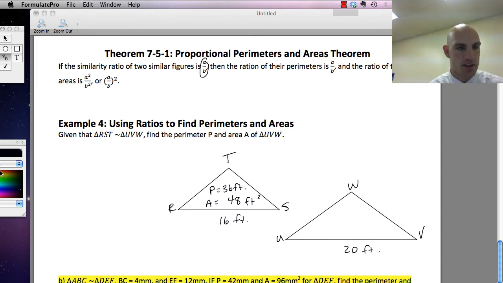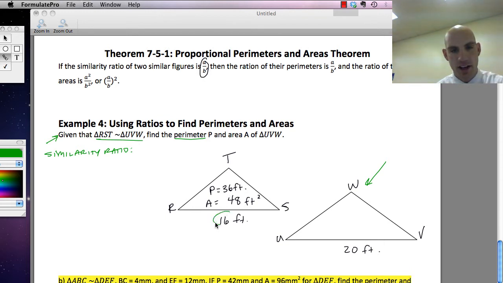Let's look at what this means for us in a practical example. Here's example 4. We're given that these two triangles are similar, and we want to find the perimeter P and the area A of this big one. To find the similarity ratio, we already know they're similar because we were given this.